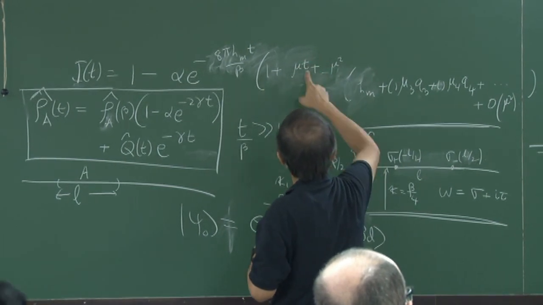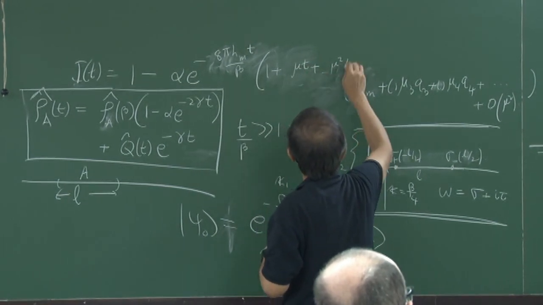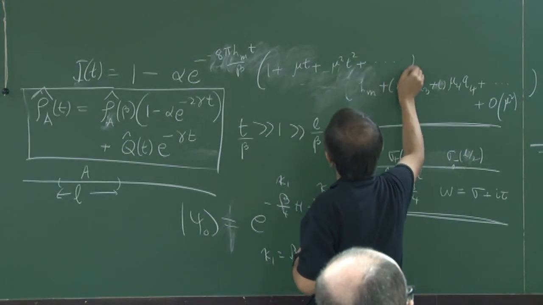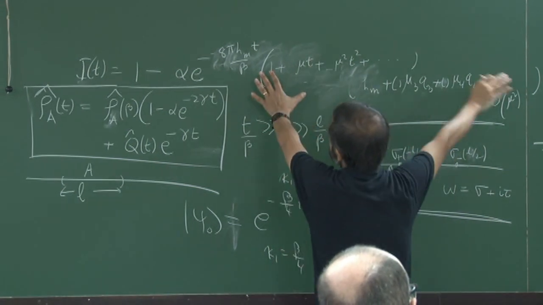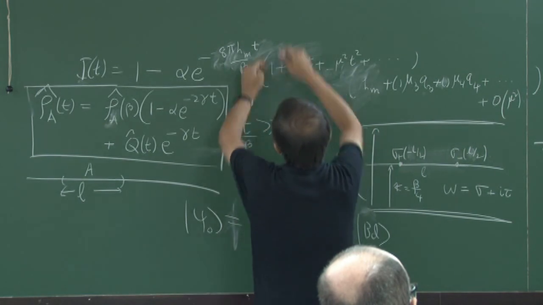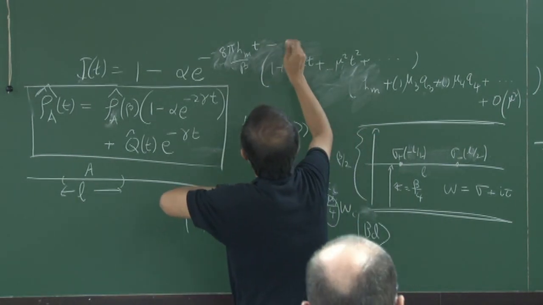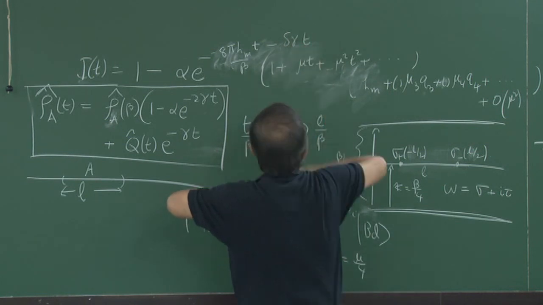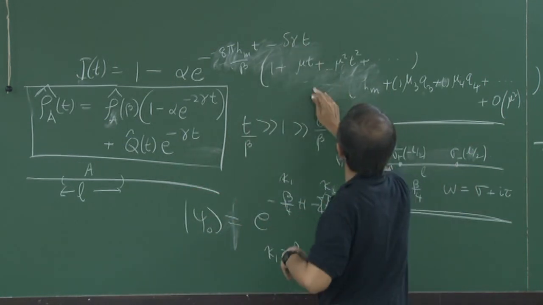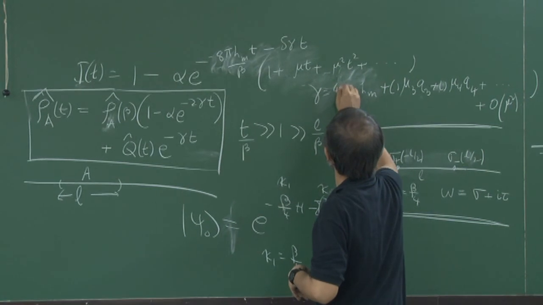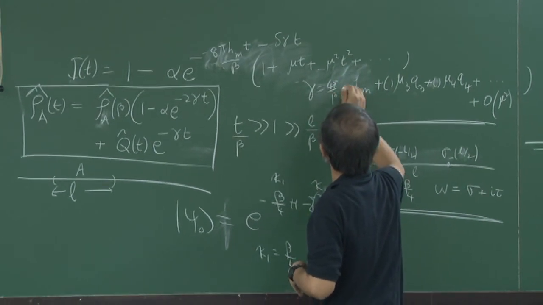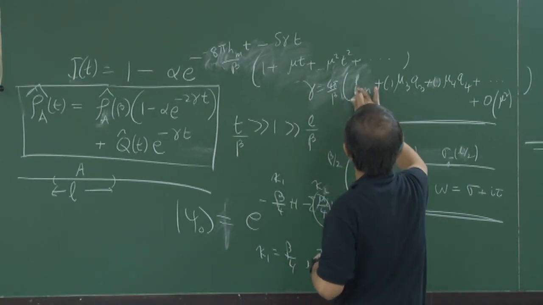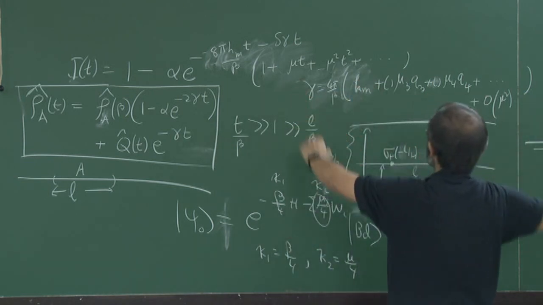So there is mu t, there's mu squared t squared, etc. They are exactly of the right kind, so that it goes up in the exponent, and you get some delta gamma of t, and that gives you this correction. So gamma is equal to 4 pi over beta h_m plus blah blah blah.